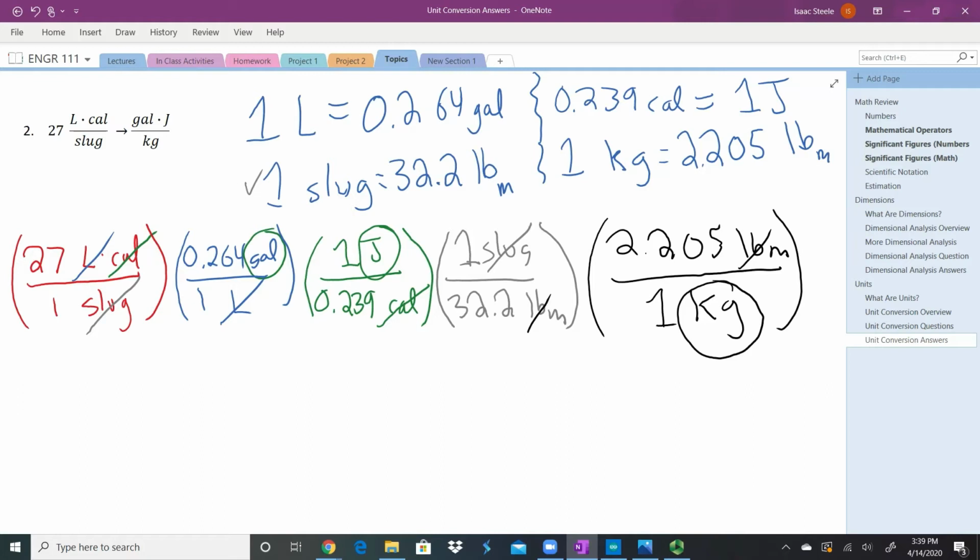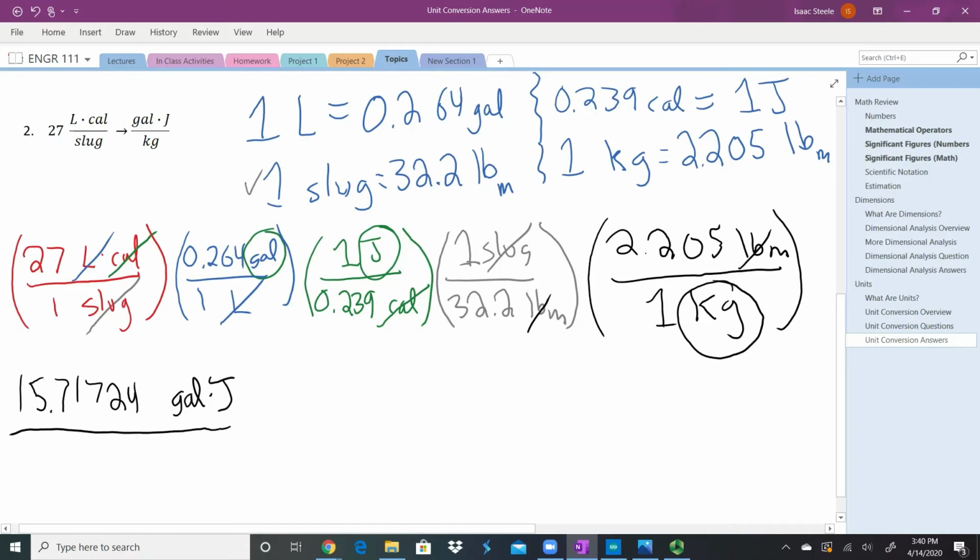If I do the math here, I get 15.71724 gallon joules over 7.6958 kilograms.